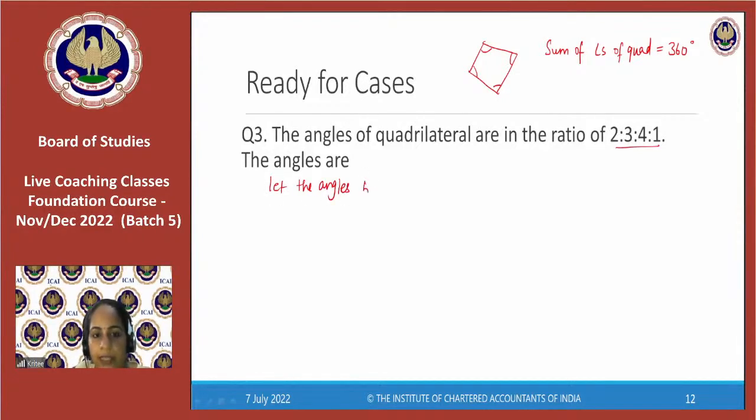Let the angles be 2x, 3x, 4x, and x. Now we know that the sum of all the angles is equal to 360 degrees. So 2 plus 3 is 5, plus 4, 9, plus 1, 10x is equal to 360 degrees, and x is equal to 36 degrees.